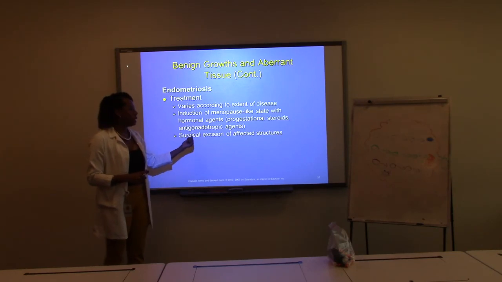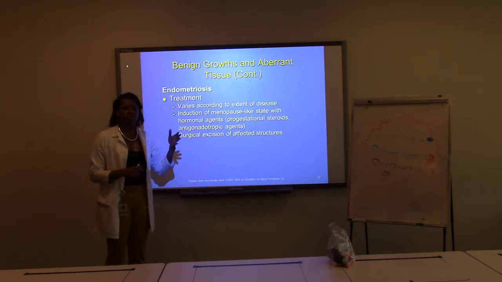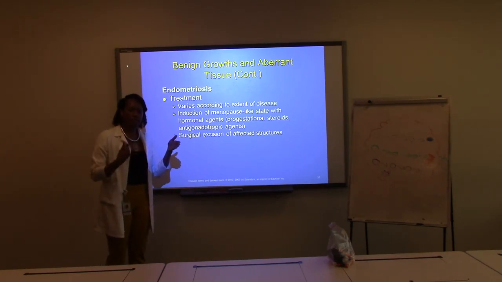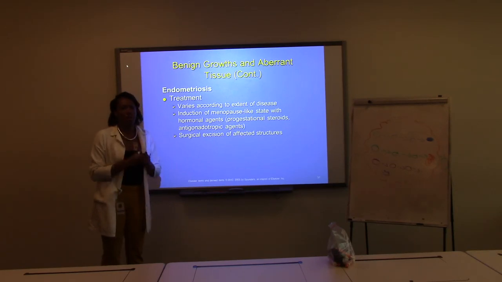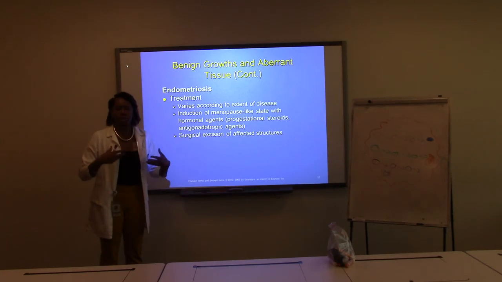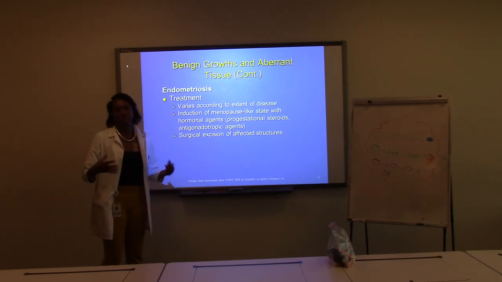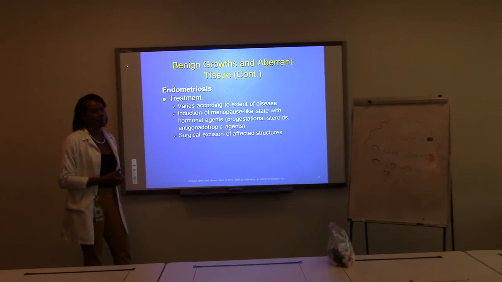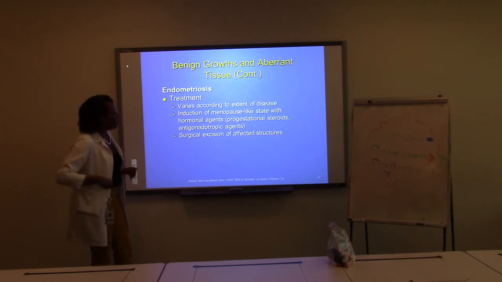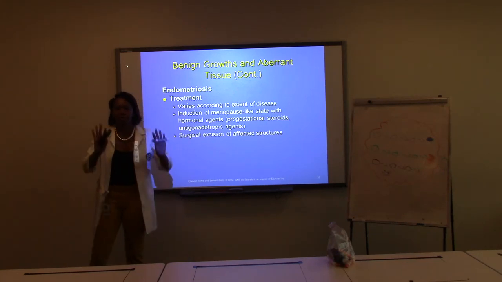However, sometimes patients do need to have some of the tissue surgically removed from the organs, or, in a personal case that I know of, a person had endometriosis really, really bad, to the point that they had to have a complete hysterectomy. So it just depends on how aggressive it can get. Okay, and I think this was the last slide that you guys had in your PowerPoint, so good to go.